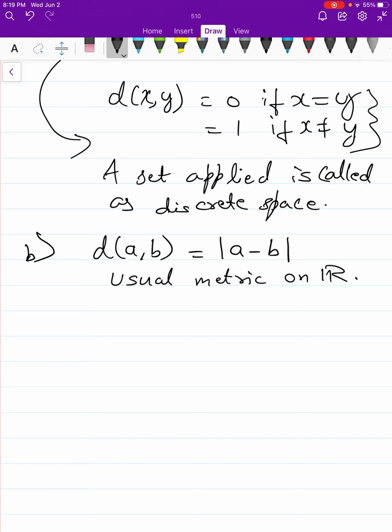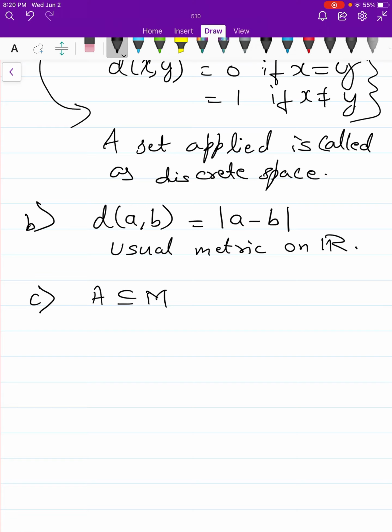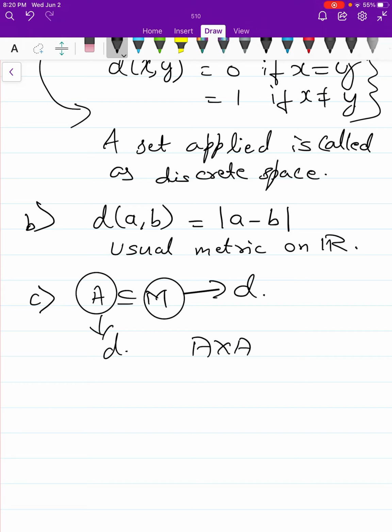So if D is a metric already defined on M, it would definitely satisfy the properties on A, and even on the Cartesian product A cross A.